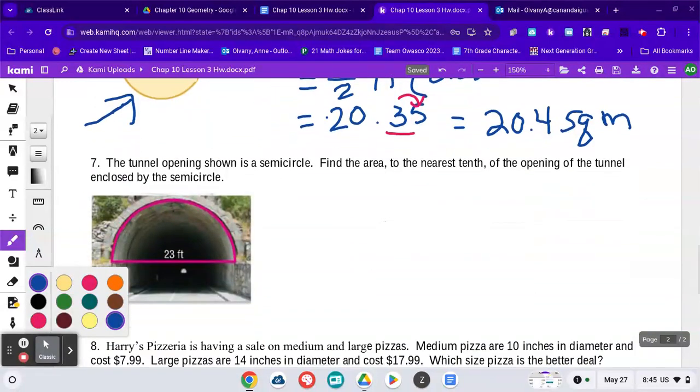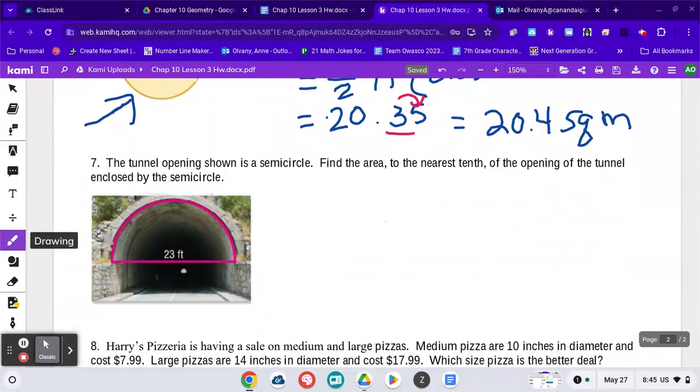Number 7 is another question about a half a circle. However, it's mostly written in words. The tunnel opening is a semicircle. Find the area to the nearest tenth. It's a half. I'm going to put that right there, because you know me, by the end of the problem, I forget to take half. So I just put it right up front. So this one's going to be 1/2 pi.